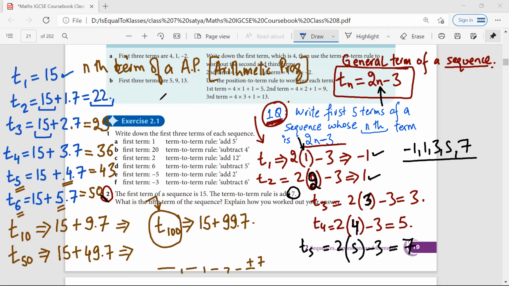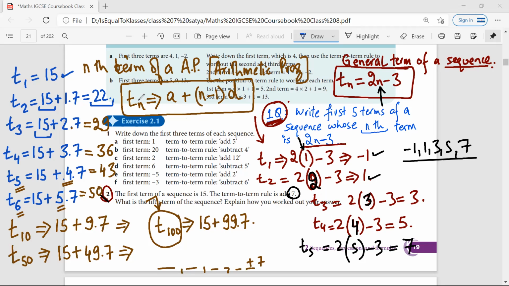Nth term of an AP is A plus n minus 1 into D. First note this down and then we'll do some practice problems also. Okay, have we noted? Yes, sir.